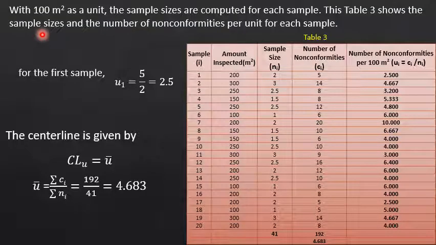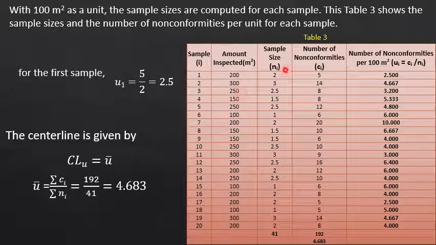Now we consider 100 meter square as a unit, and the sample sizes are computed for each sample. Table number 3 shows the sample size and the number of non-conformities per unit for each sample. So the sample size ni is equal to 200 divided by 100, that is 2, 300 divided by 100, that is 3.